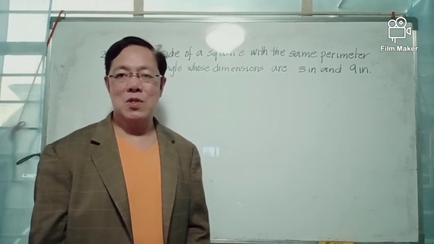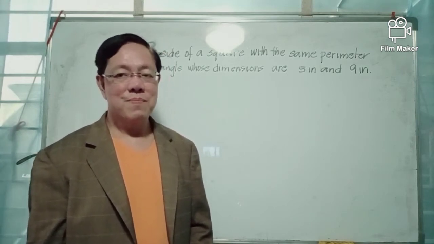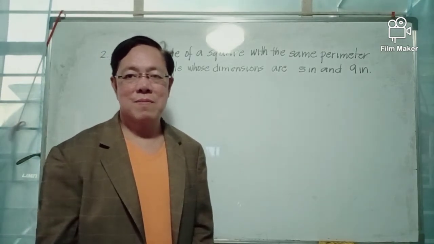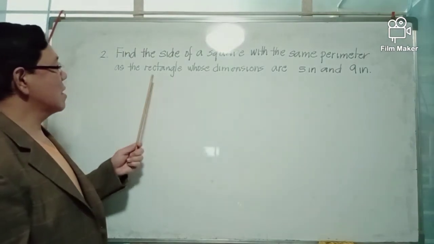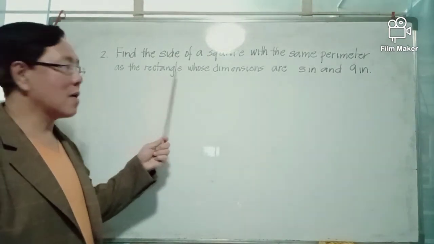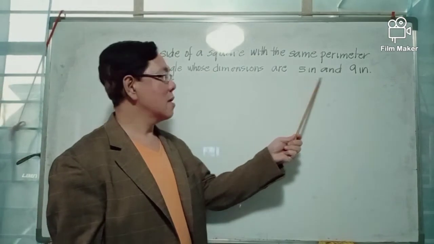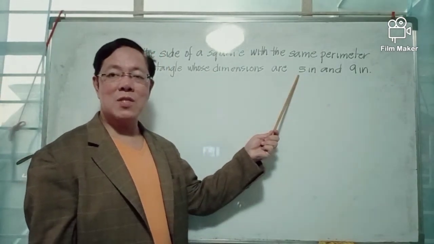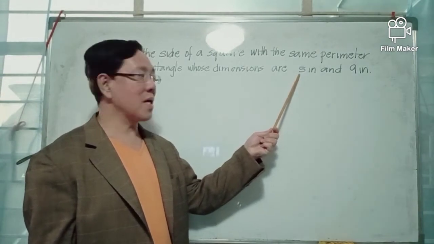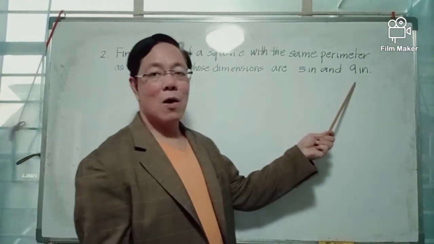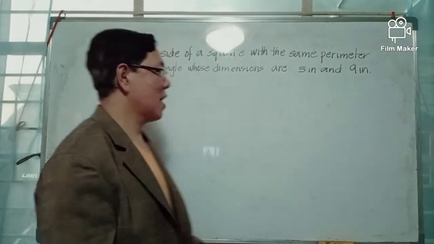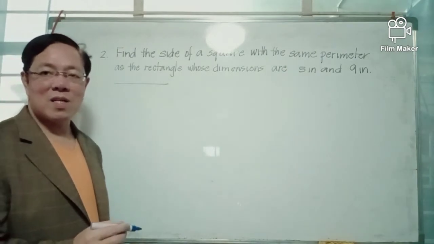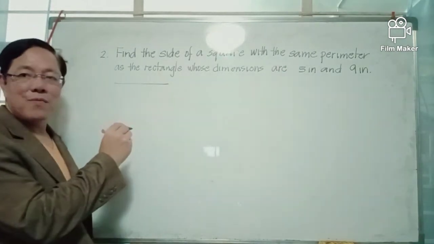First, we show the solution using the concepts from geometry, the concept of perimeter. We are given that the rectangle has dimensions of 5 inches and 9 inches. And the shorter dimension is the width of the rectangle, and the longer dimension is the length of the rectangle. A rectangle is a quadrilateral with 4 sides.